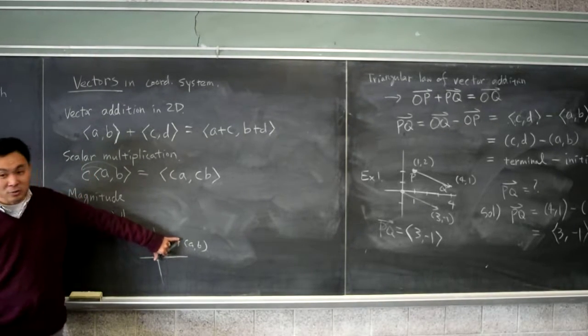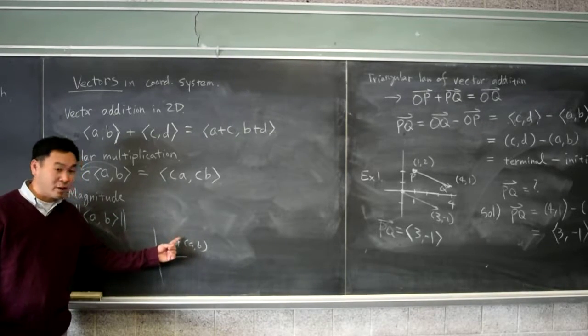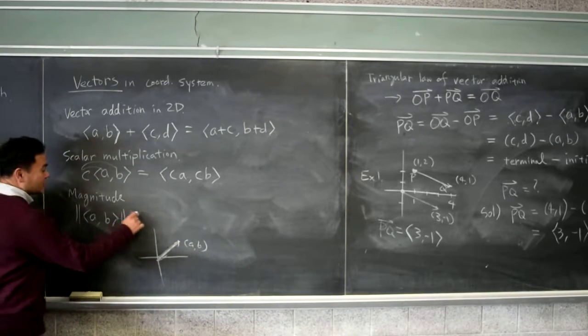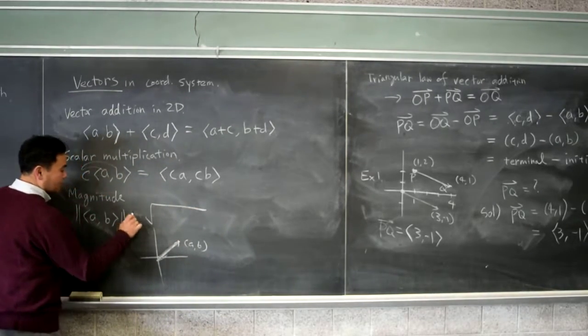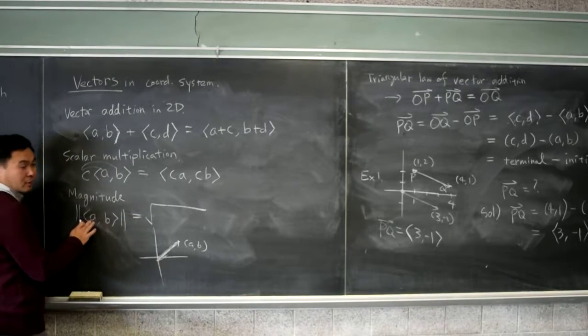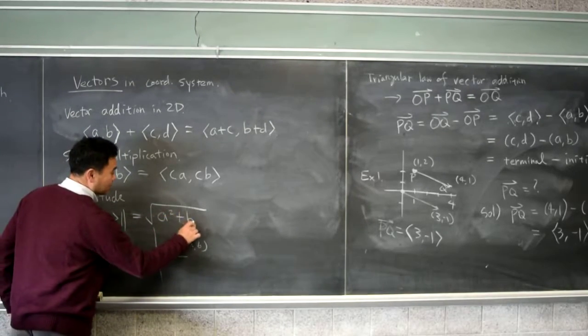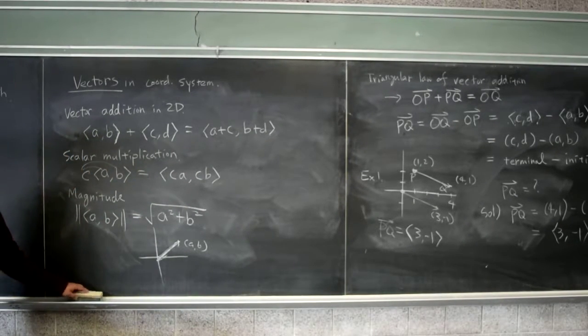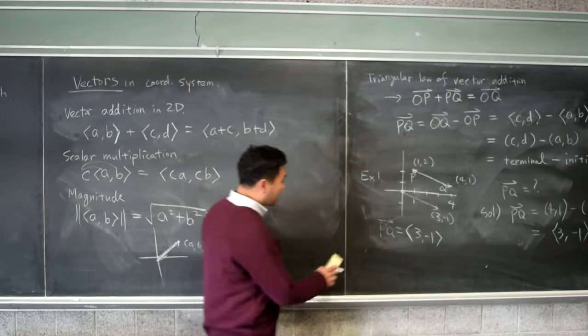Well, we already know how to find this length. You just use Pythagorean theorem, right? A squared plus b squared gives you the length squared, right? So you take the square root of a squared plus b squared. So that's how you handle vectors in 2D.